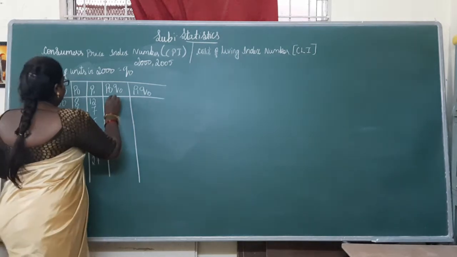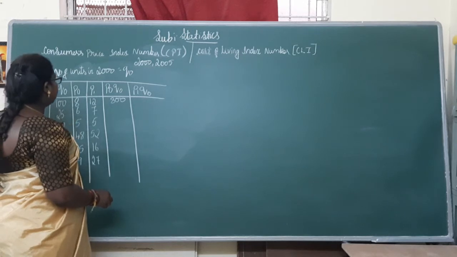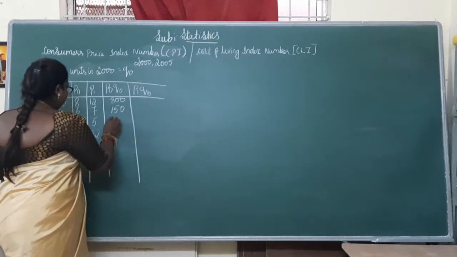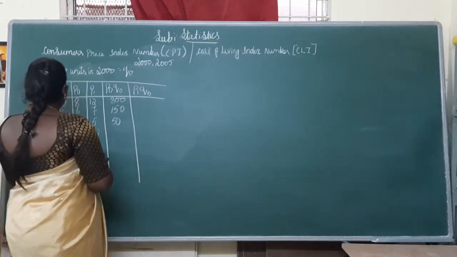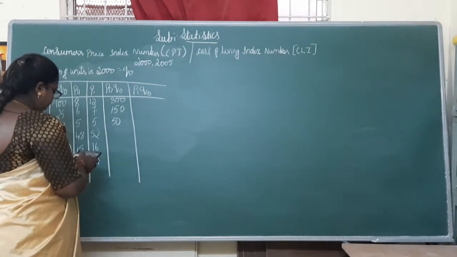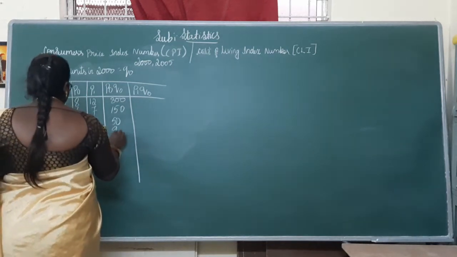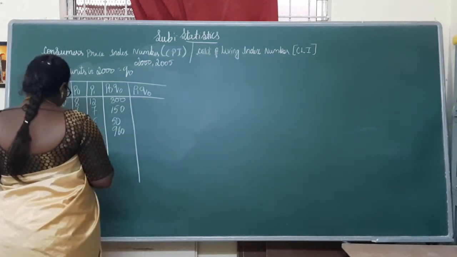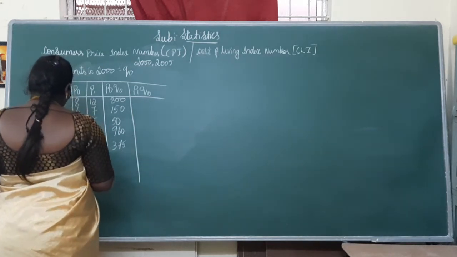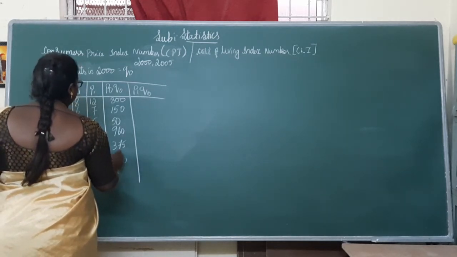8 into 100, 800. 25 into 6, 150, then 50, 20 into 48, sorry, 20 into 48, 960, then 25 into 15, 375, then 30 into 9, 270.